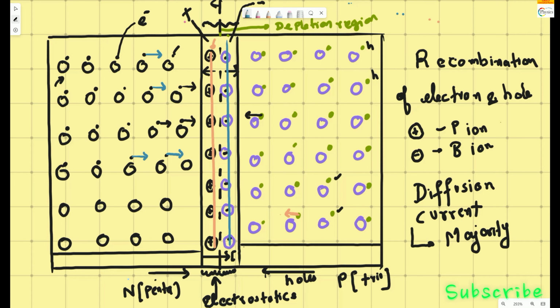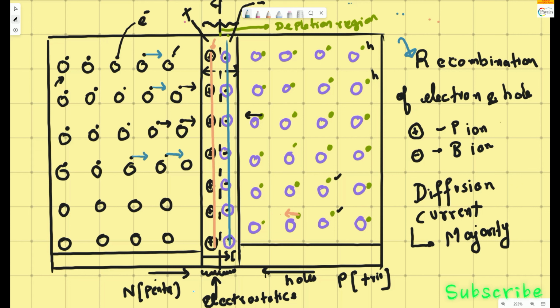Okay, but initially, when you just join the conductors, a lot of diffusion starts happening, and gradually the depletion starts happening. Depletion is nothing but a recombination. This is what happens, and finally you have a depletion zone or the depletion region which gets created, which you see as a central band where I have written electrostatics, and formation of electric field happens, right?